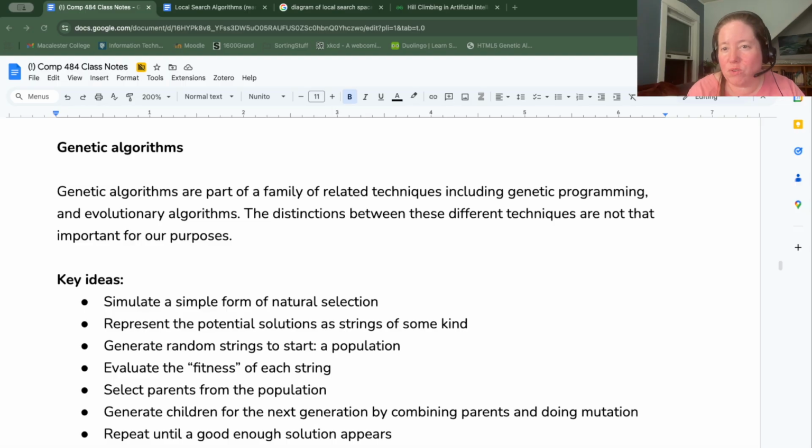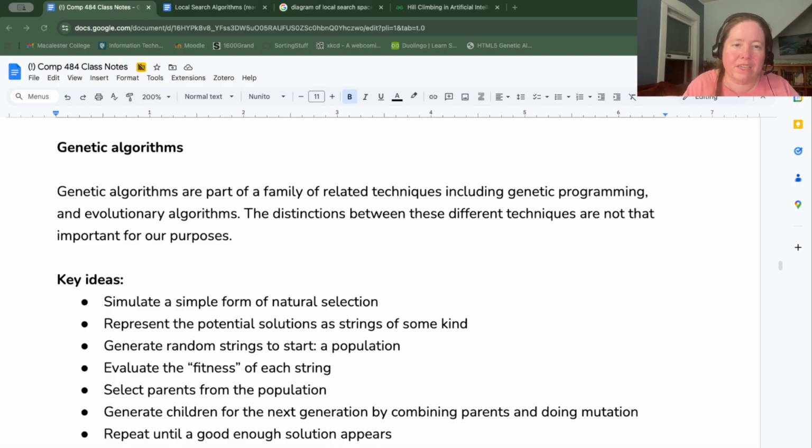And with genetic algorithms, we typically have more string-like or array-like representations. Fundamentally, the distinctions are not that important for us at this point in time. So it all kind of falls under this heading of evolutionary computing.